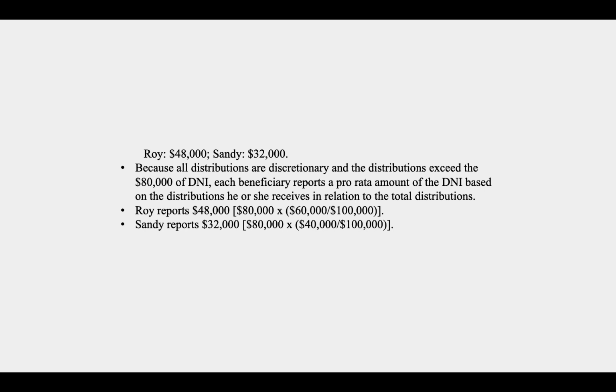So Roy received $60,000 of the $100,000 distribution, and Sandy received $40,000 of the $100,000 distribution. So those are going to represent our fractions. And then we're going to multiply those fractions by the amount we want to allocate, which in this problem is $80,000. So Roy is going to report $48,000 of income from this distribution, and Sandy is going to report $32,000.